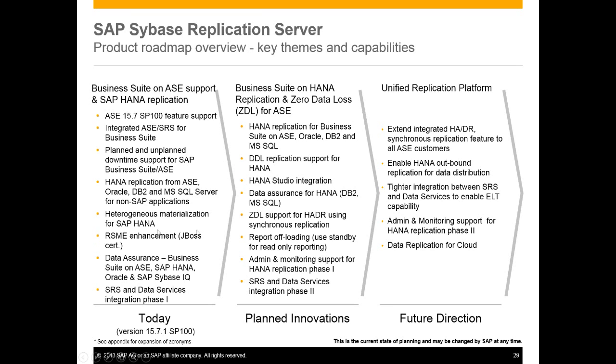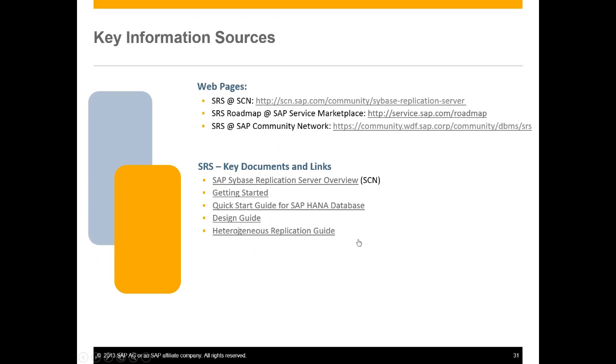So if you go to slide number 31, it shows some of the key information sources. We created what we call SCN, the SAP Community Network, and if you want the roadmap, we also published it on the SAP Service Marketplace. I highly encourage you to join the SCN.